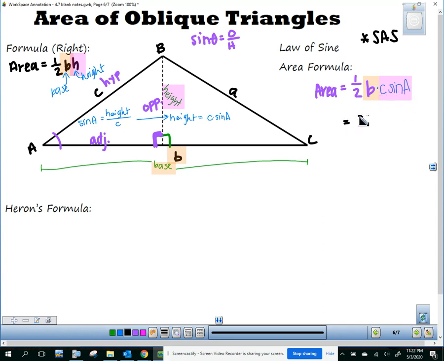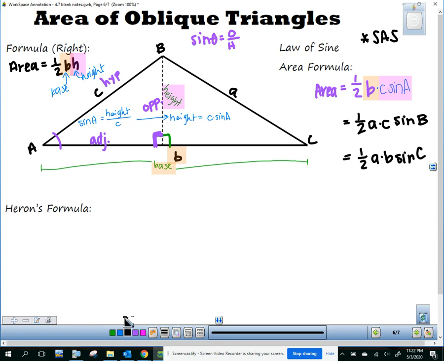So it would also be true if the sides that we used were A and C, then the angle would be B. And it would also hold true if the sides that we used were A and B, and the angle C. So all three of these are formulas using law of sine area formula. So you've got three different versions of it.